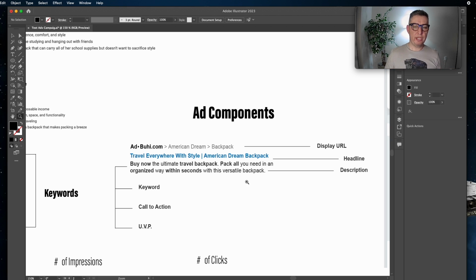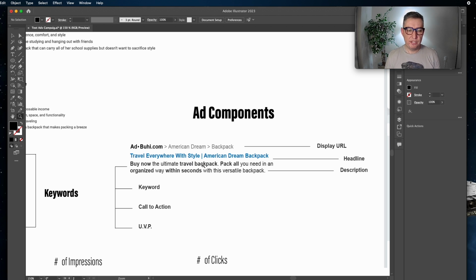The description section is where you have more space to explain what the product is about, or what the product characteristics are, in a very succinct way. It's not too long. You have just 90 characters, but there are some components you have to include here, and they are pretty important. First, the keyword you are targeting. In my case, it's travel backpack.